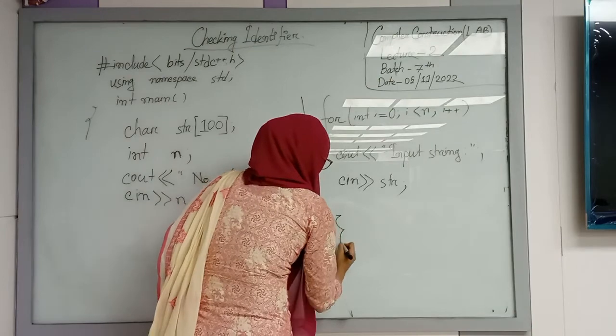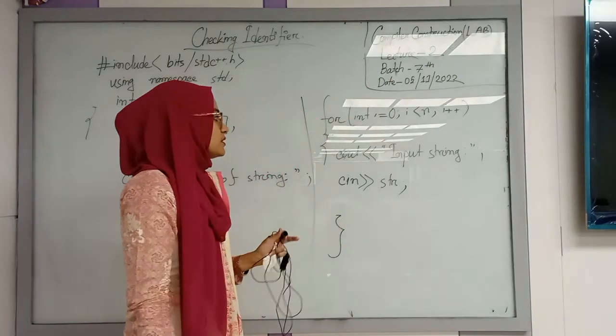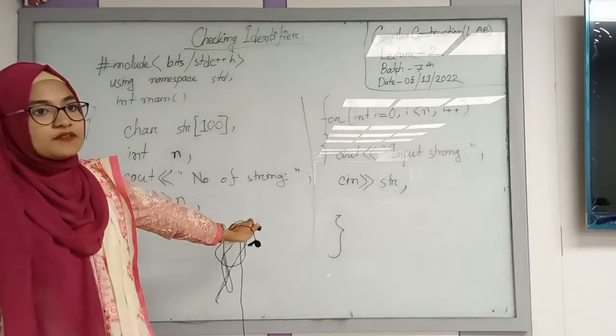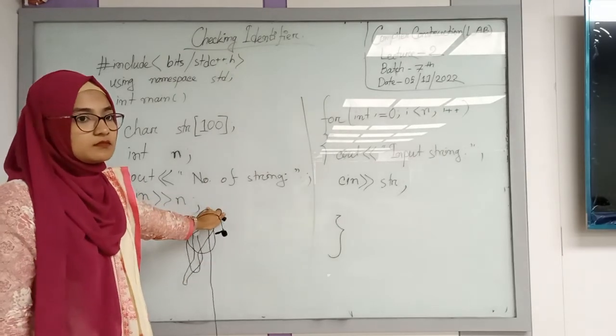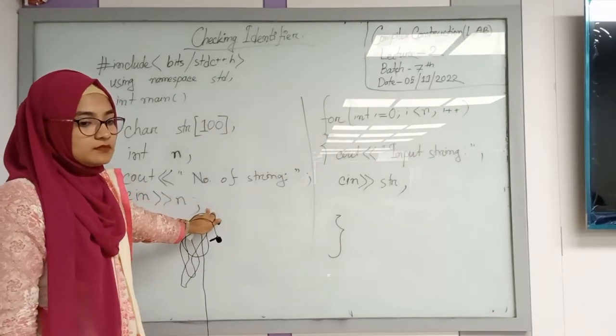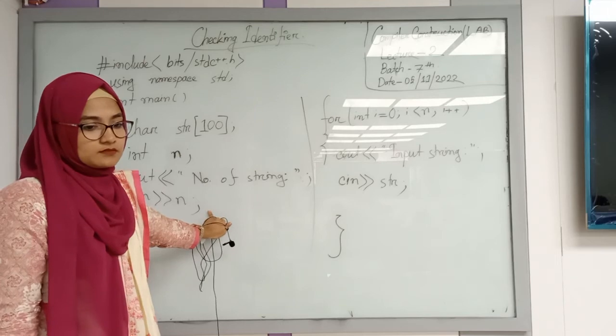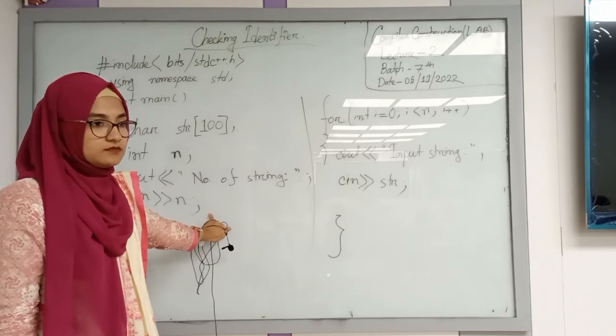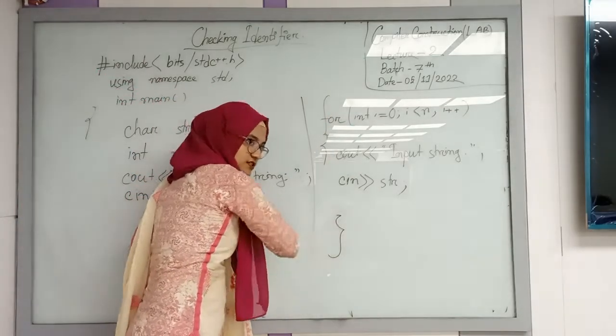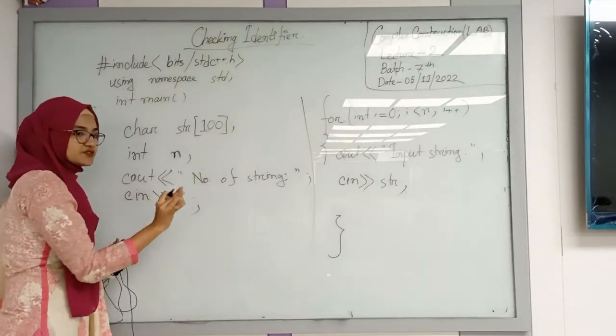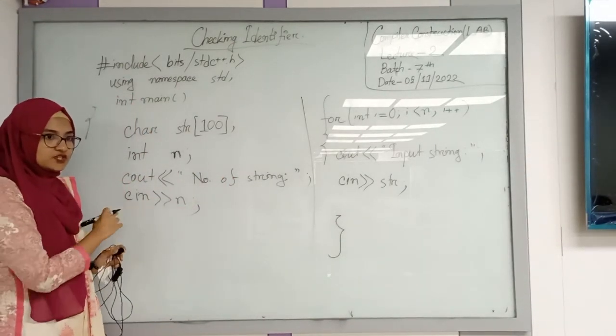This is the basic for loop, okay? All this is from the previous class. Is it working? This thing is working, right? You can take this string. Have you checked?